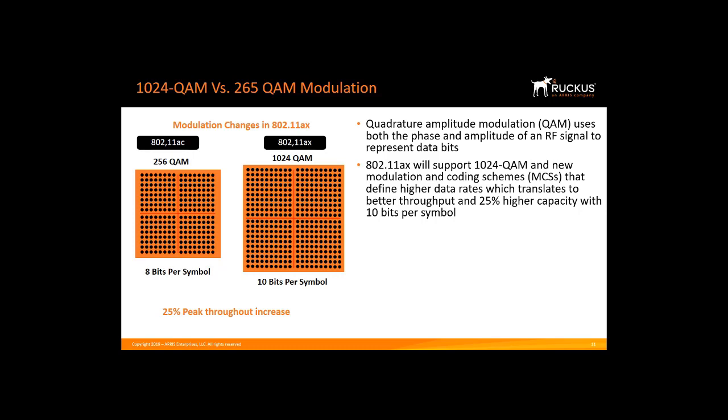More bits equals more data, and the payload delivery of data is more efficient, like having a bigger truck. 11AX also introduces 2 new modulation coding schemes, MCS10 and MCS11, which will most likely be optional.